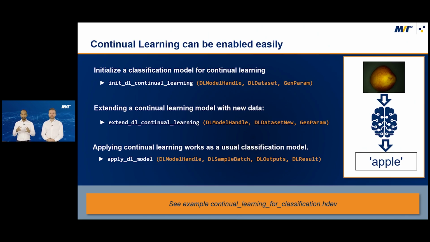You pack all the input images in the dictionary DLDatasetNew, and then you perform the training. And once the training is done, you can deploy the classification model simply by using apply_dl_model as always. So there is a new standard example, continual learning for classification. You can have a look at the standard example, understand the workflow, and modify it according to your application.